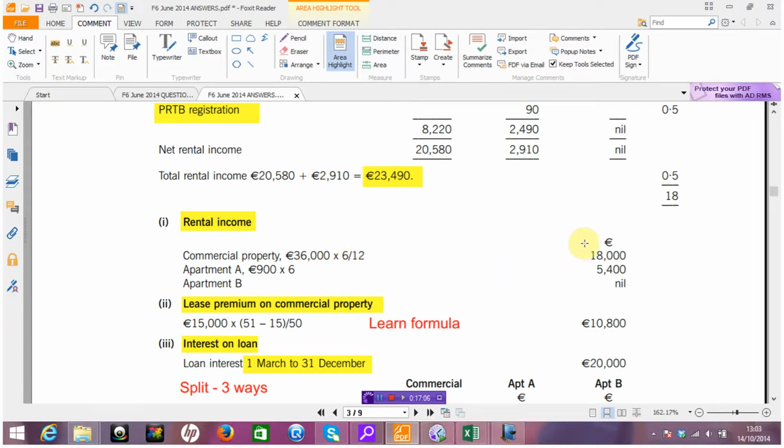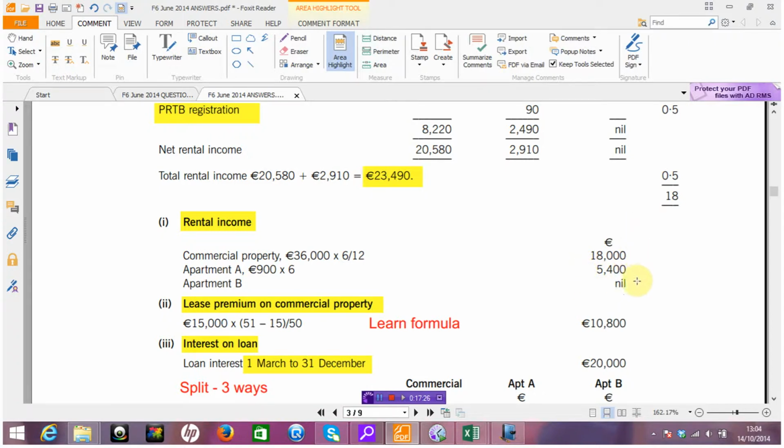So we can only take half or 50% of the annual rental, and that's where we get the figure of 18,000. Apartment A, again, only rented from the 1st of July. So that can only be 6 months worth, and that's where we get the 5,400. Apartment B, not rented at all in our tax year.